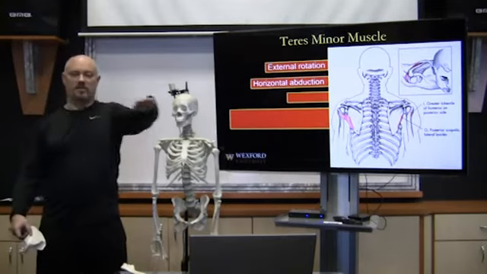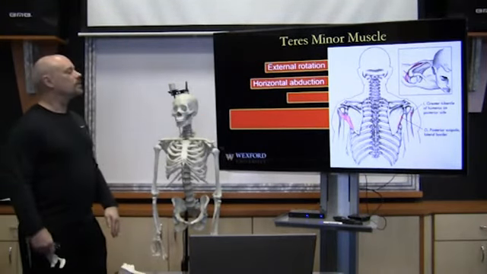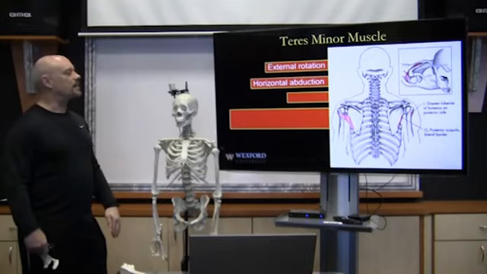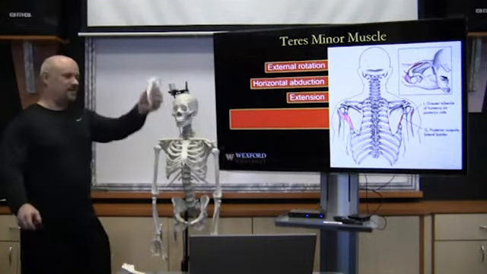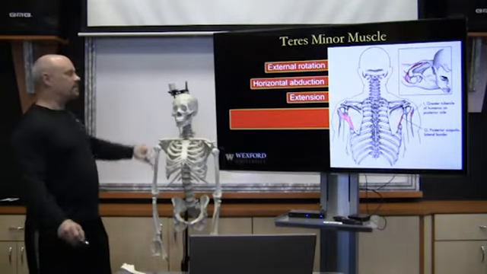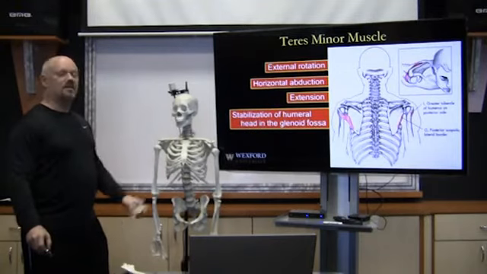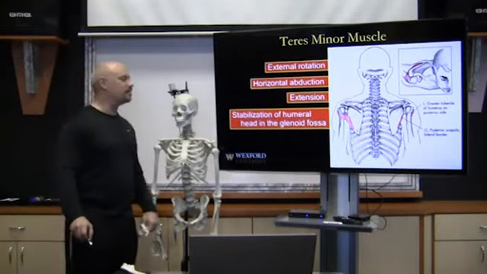Again, when you're in this position, horizontal abduction or transverse extension, excuse me, helps in extension this way and extension. Once again, those are the four main stabilizers of the humeral head.